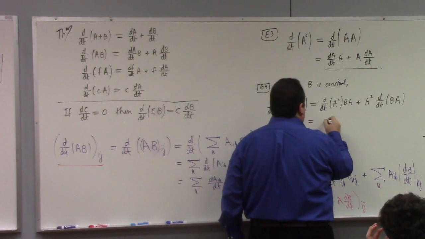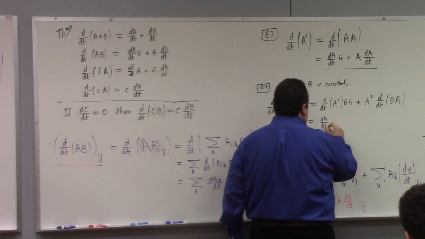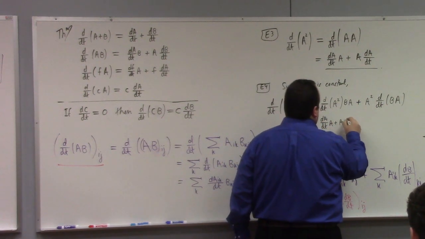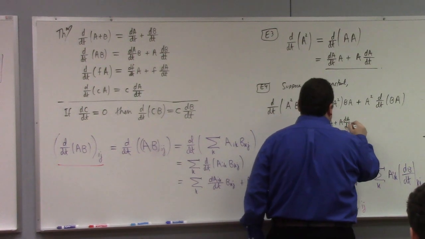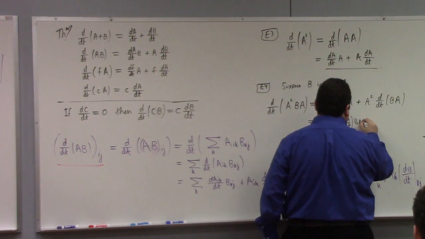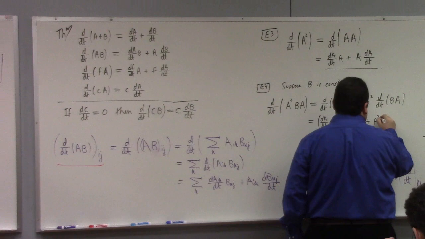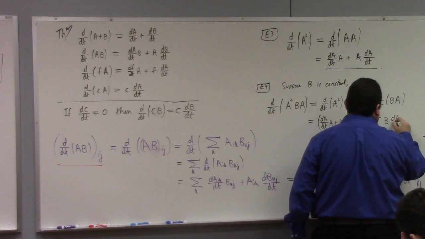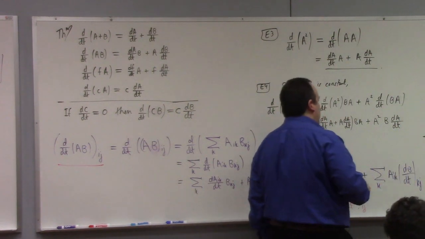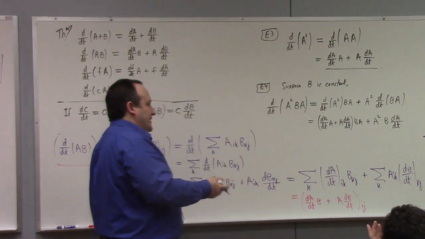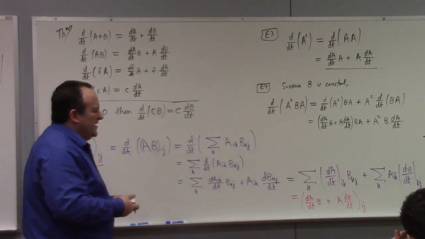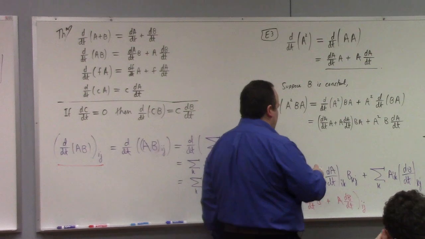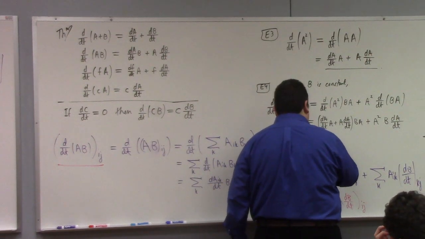So that's going to give me dA/dt times A plus A dA/dt times BA plus A squared B times dA/dt, where I'm using the special property that if B is a constant, I can pull it out.